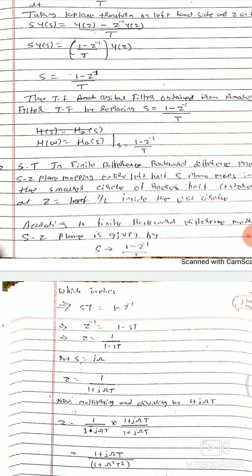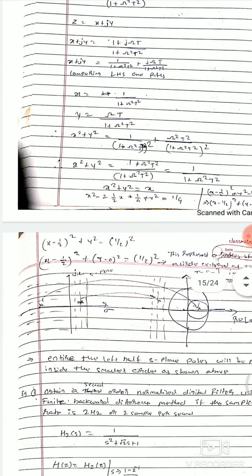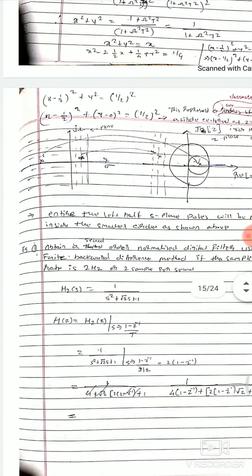There are some characteristics given, which you can refer to. Here, take the same example: H(s) = 1/(s² + √2 s + 1). If you are asked to convert this to a digital filter using the finite backward difference method, just replace s by (1 - z inverse)/T, where T is your sampling period.